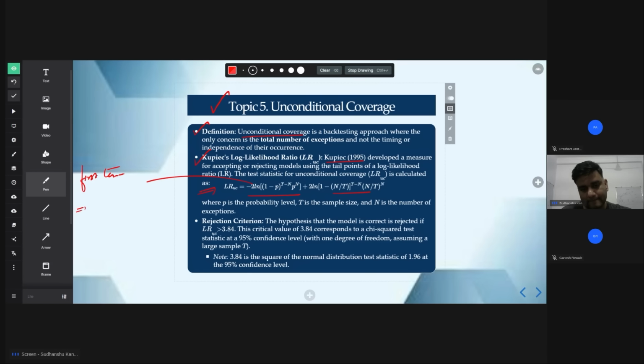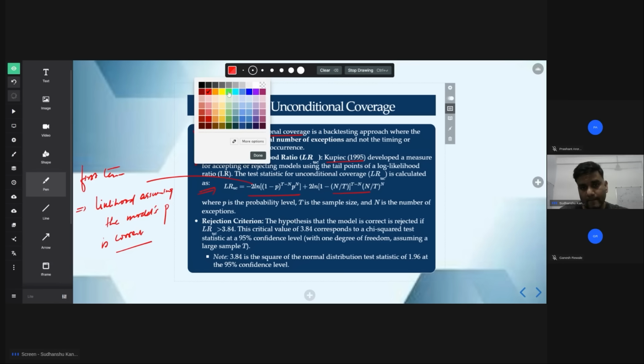The first term is the likelihood. Likelihood means probability also. Likelihood assuming the model's p is correct. What is p? The probability level. So this was the first term.